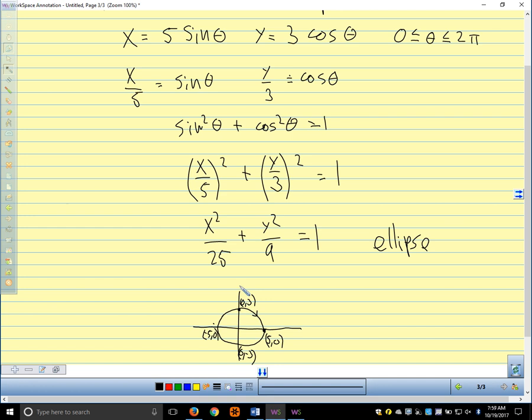So we go from x equals 0 when theta is 0, to x equals 5 when theta is pi over 2. So we're moving clockwise around that curve.